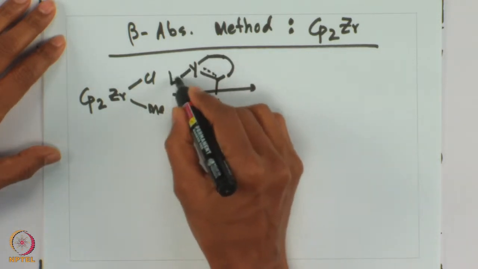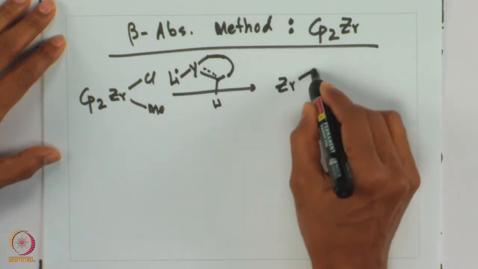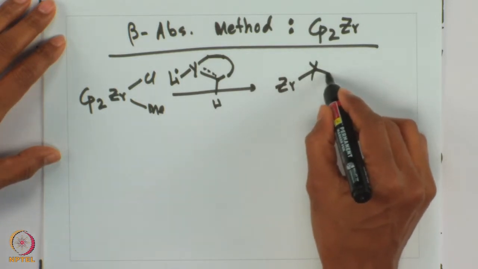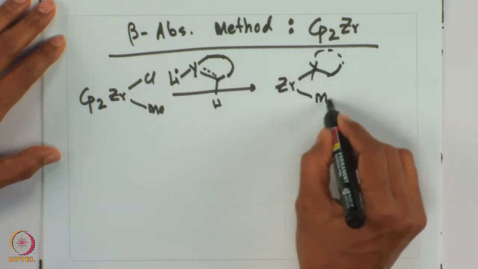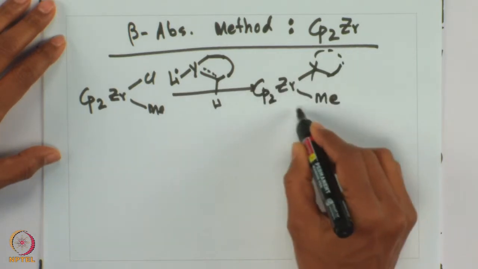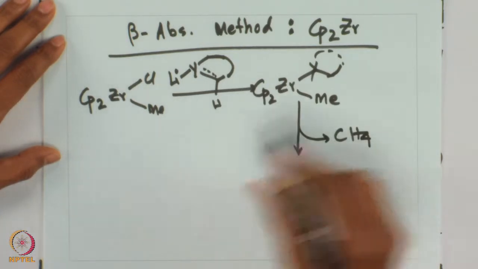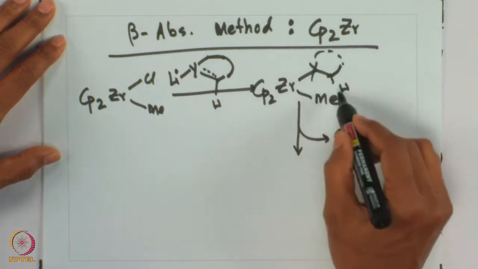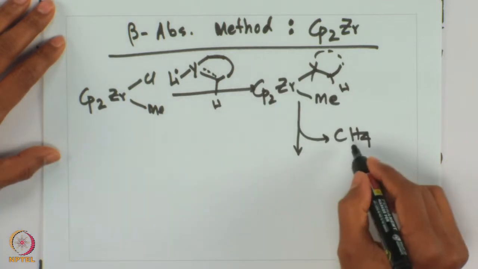Overall, the main thing is that it has to be lithiated, and we can then synthesize the zirconium intermediate where this cyclic intermediate is part of the zirconium species, and then we get methane formation from there. Overall, this is a beta position, it is not a beta hydride elimination but a beta abstraction, because zirconium is in the +4 oxidation state.